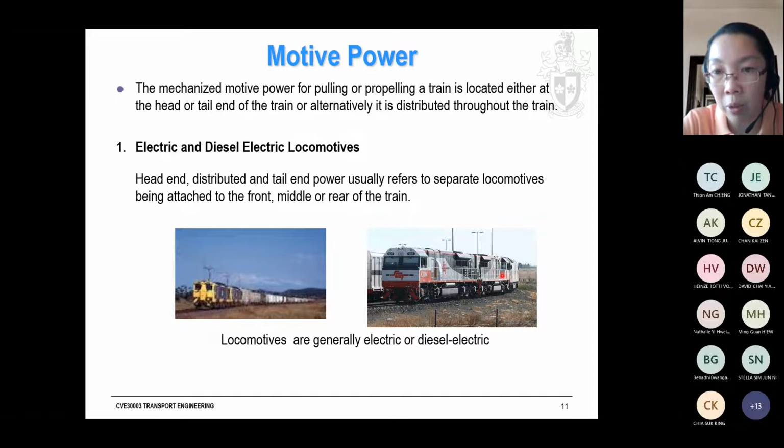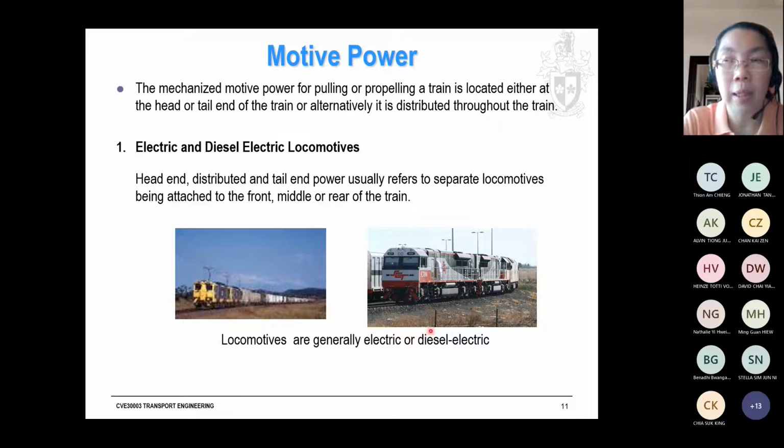And likewise, the same goes with this one and this one. These two are the locomotives that pull the train forward. Or if they are located at the tail end, then they push the whole train forward.